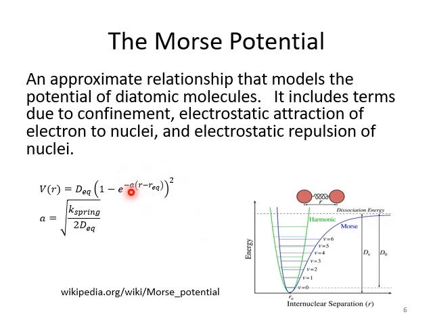So A is the spring constant for the system, and that is how sharp the minimum is. And then there's the equilibrium distance, which would be this distance here. So for a given molecule, these terms are determined experimentally. The spring constant is relatively easy to measure, and then from that, we can determine what the term A here is. So those are experimentally determined things.